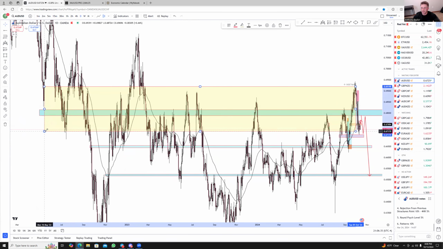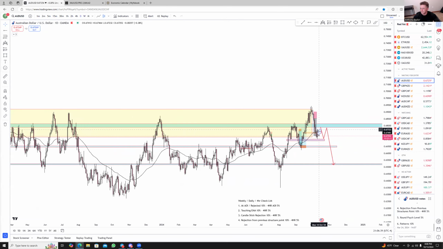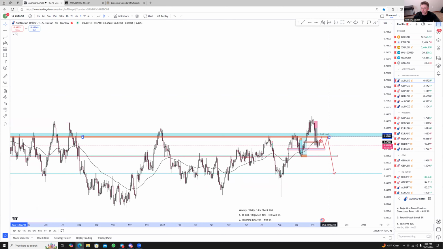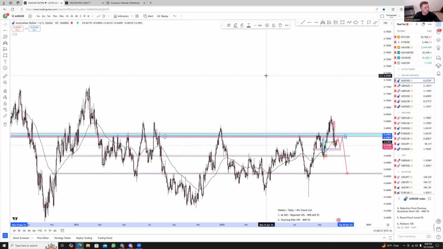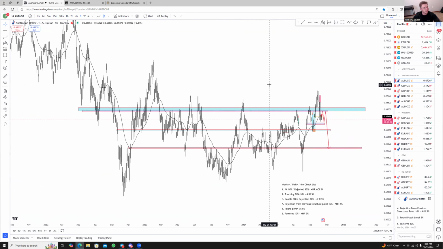Same thing. See anything? Right there. Yeah, so we've got a daily zone right inside of our weekly zone. Remember, my daily areas of interest are purple.